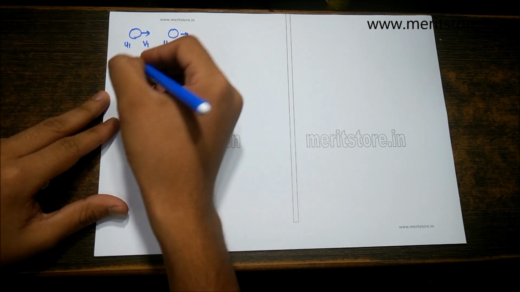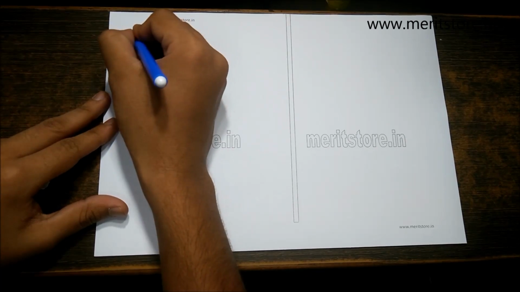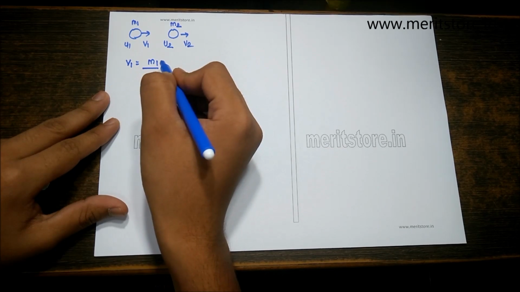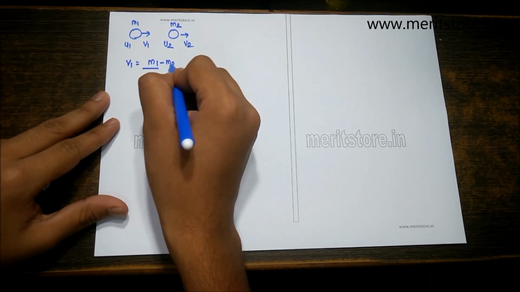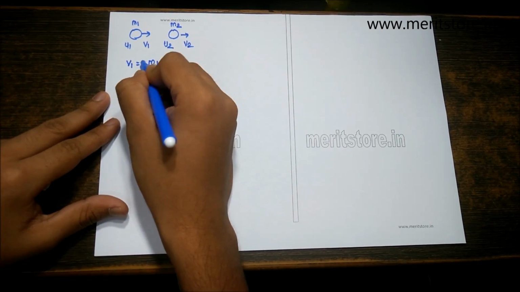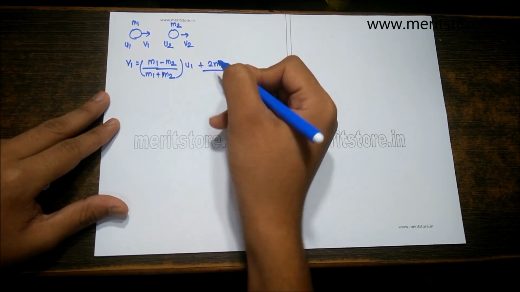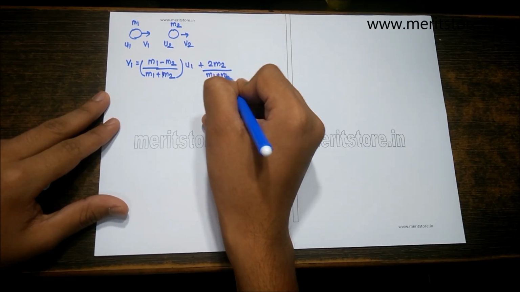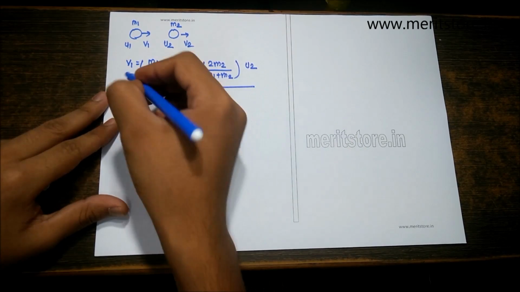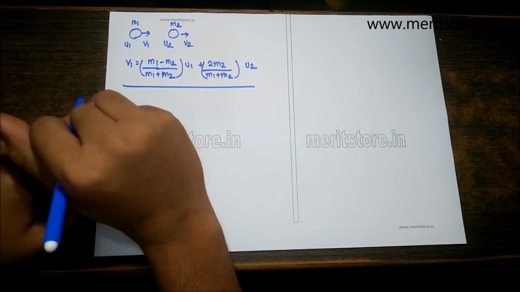So we have the relation v1 is equal to (m1 minus m2) upon (m1 plus m2) into u1, plus 2 m2 upon (m1 plus m2) times u2, where m1 is the mass of my first body, while m2 is the mass of my second body. This is my equation for the final velocity of body 1 after an elastic collision.